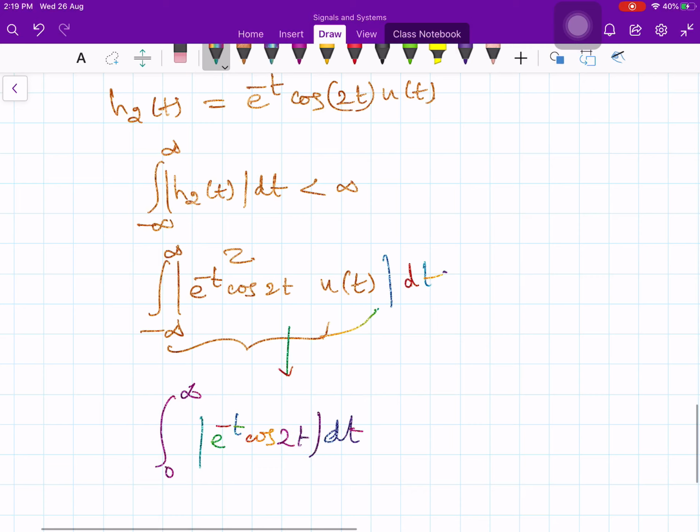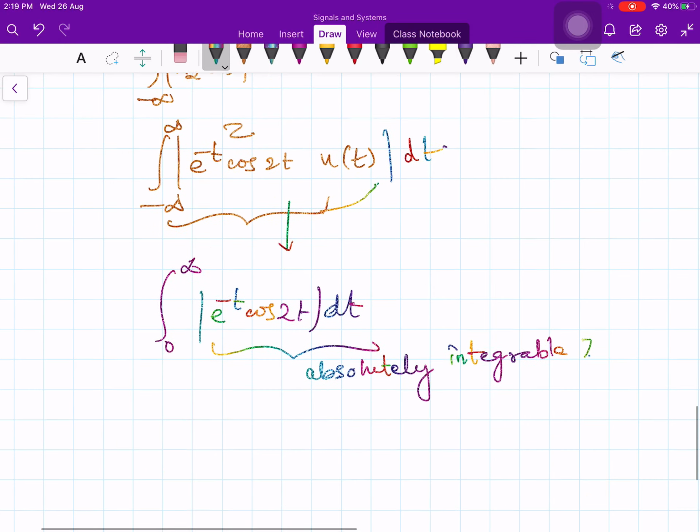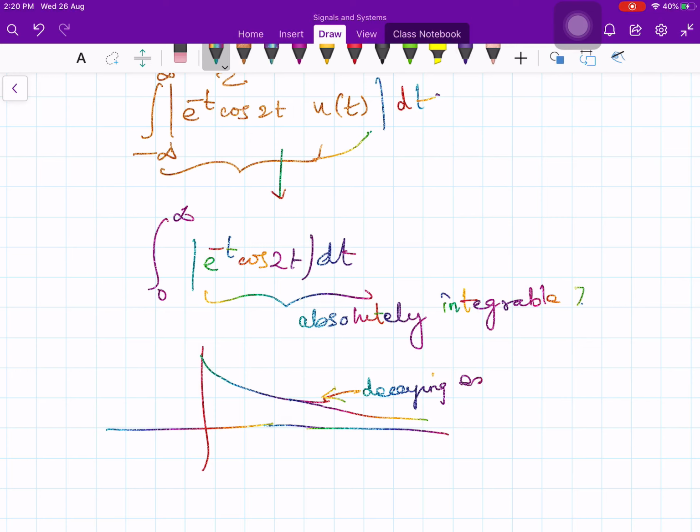Why is it absolutely integrable? Because if you plot the function, e to the power minus t goes like this, and as time progresses, it is a decaying exponential. When you integrate a decaying exponential, the area is finite.